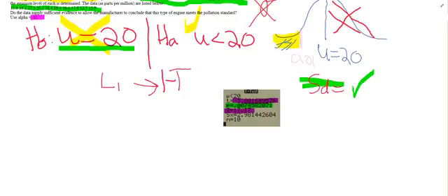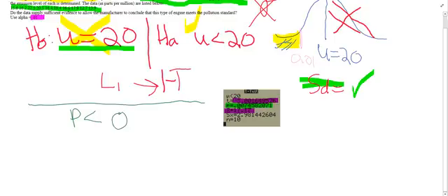So how do we write this up statistically so we can get credit for this on a test or something? We say that our probability is less than our alpha of 0.01. Okay, because that's true, and let me just write it out explicitly.